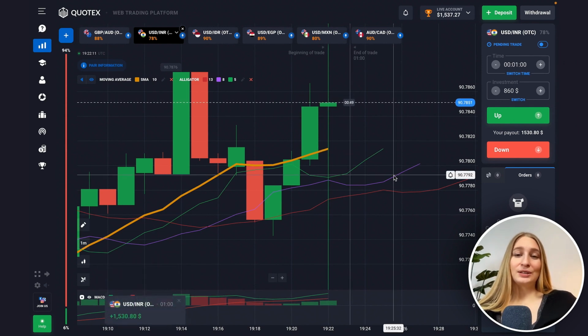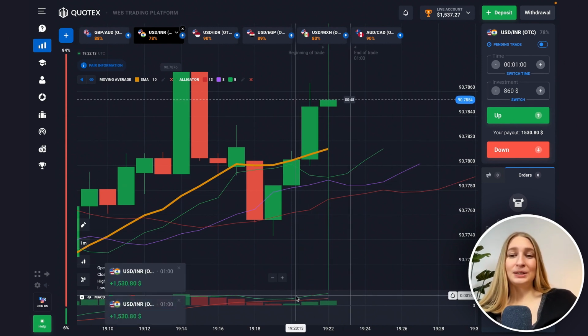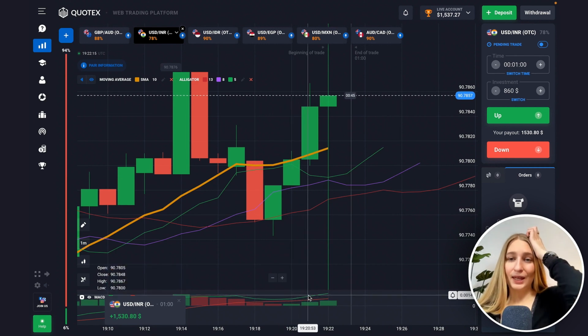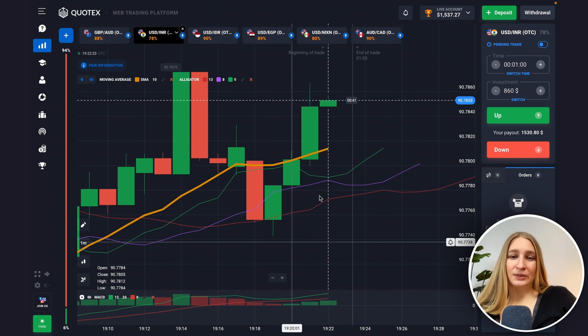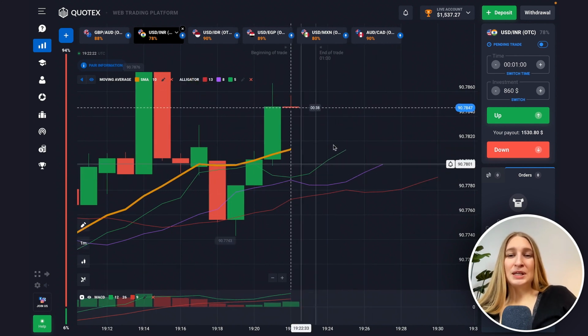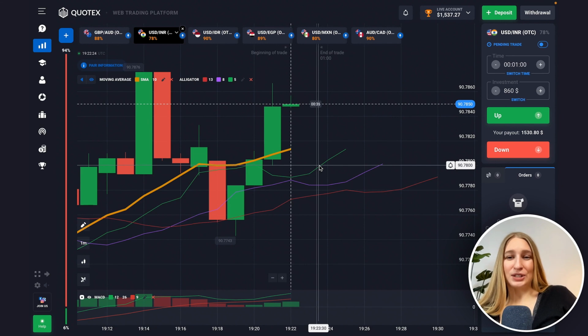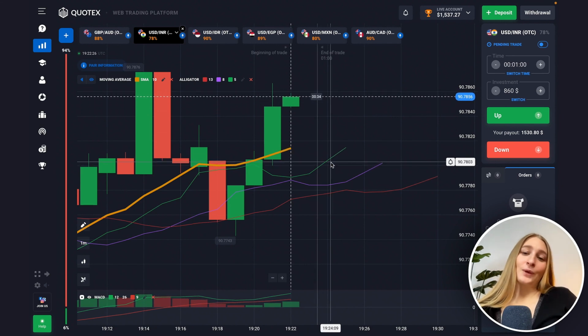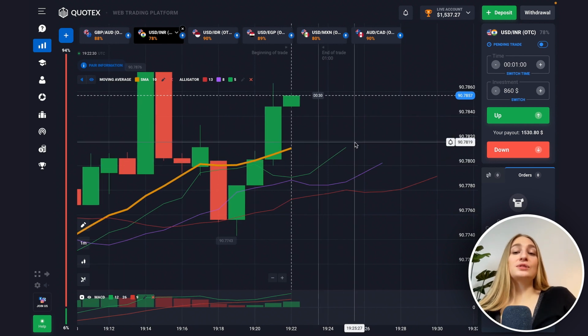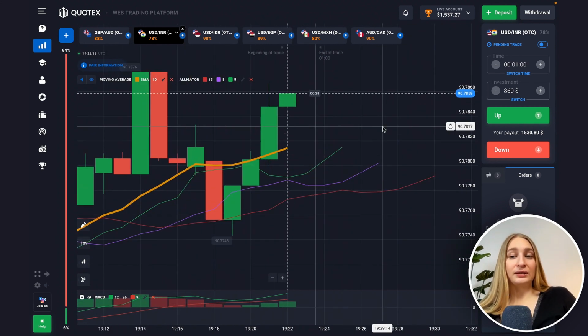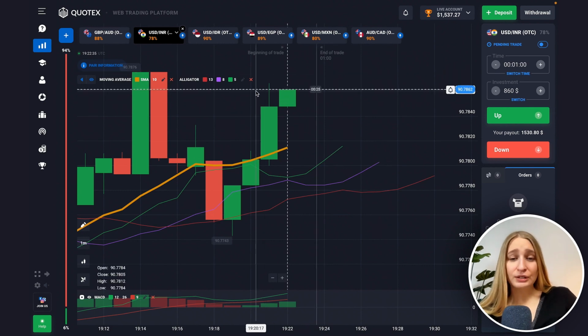You saw that the green line of MACD went really rapidly up, and all 3 lines of alligator are going up, really happy about this situation. Okay, you see moving average is giving us good signals to really enjoy this situation.